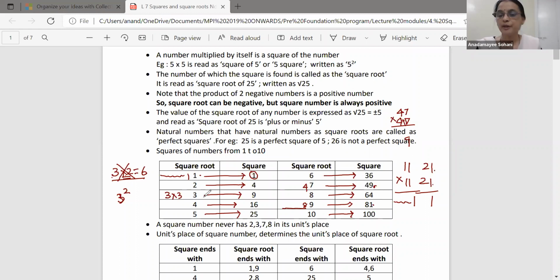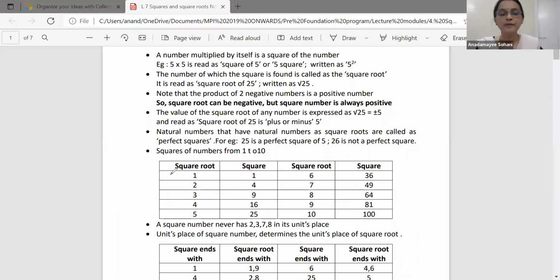So once I know the squares of all numbers from 1 to 10, I have to understand that any number ending with 1, its square will always end with 1. Any number ending with 4, its square will always end with 6. Any number ending with 8, its square will always end with 4.